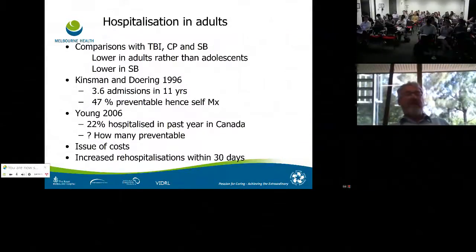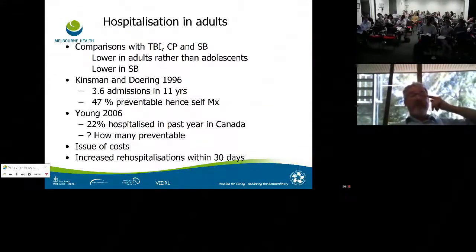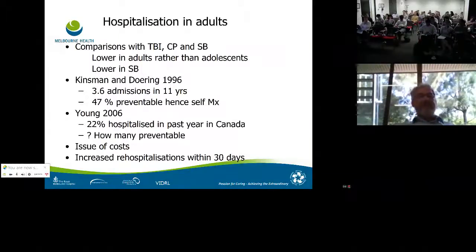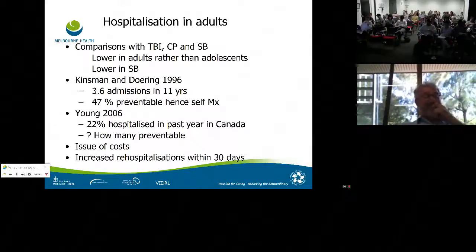There was a comparison done with PBI, cerebral palsy and spina bifida groups. If you look at the Kinsman and Doering figures from 1996, the group with spina bifida had 3.6 admissions in 11 years, which for a relatively young group is a very large number.